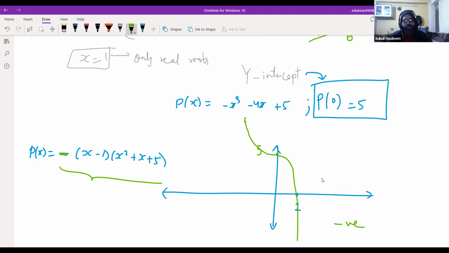Can you see the graph which they have shown? Yes, sir. The graph would be like this, that is, this is 1 and this is 5.